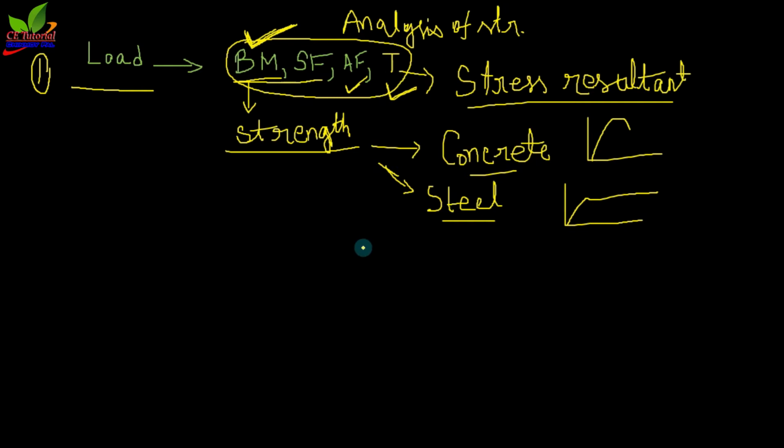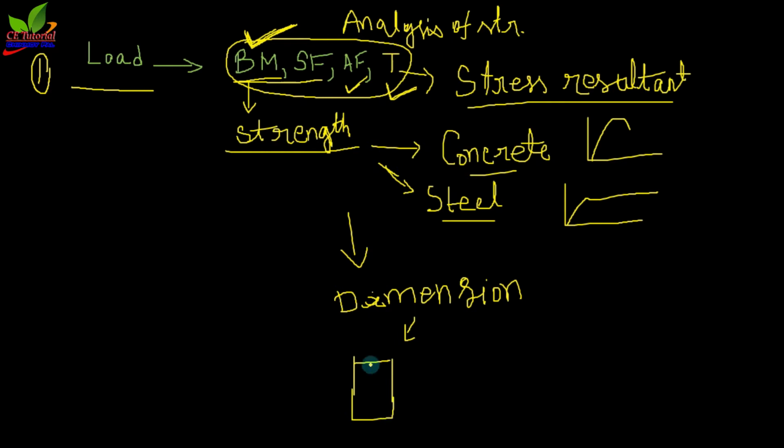Now the next step after designing, the final stage, is you have to calculate the dimensions. That means for concrete you have to calculate B and D, the width of the beam and the depth of the beam.